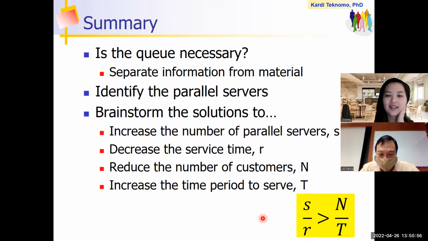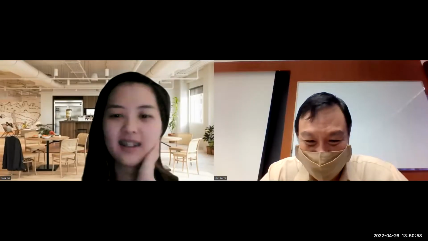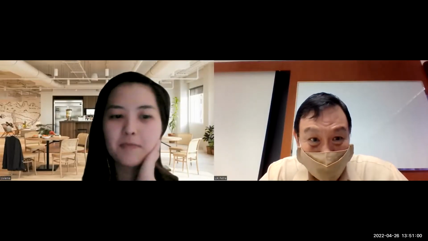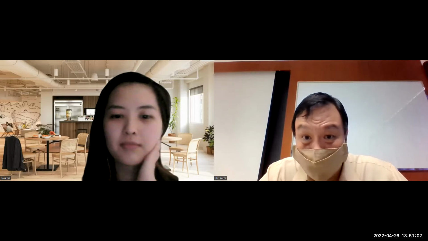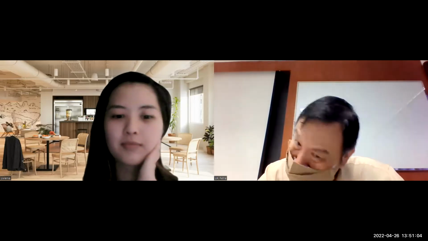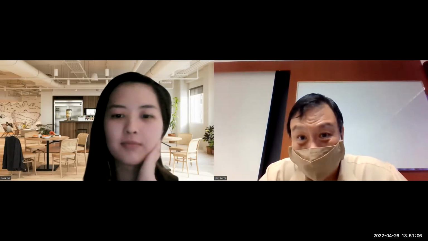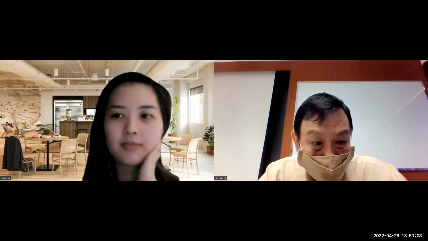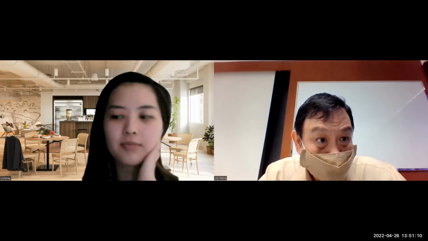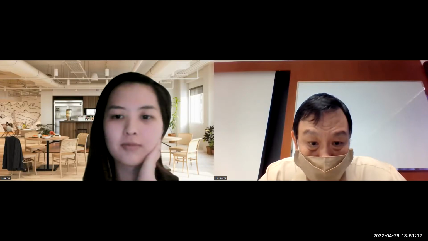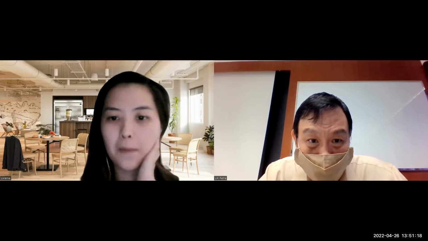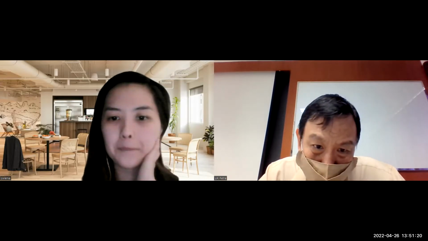Okay, so let's do the computation, or maybe I don't know. Okay, go to the M/M/1. So let's go to the actual computation. Where is queuing?